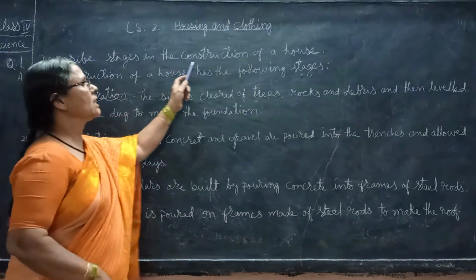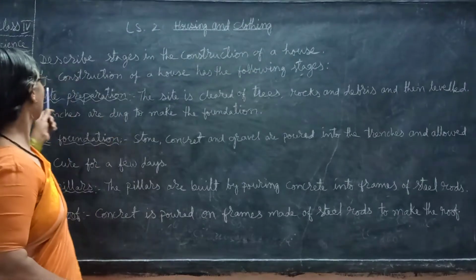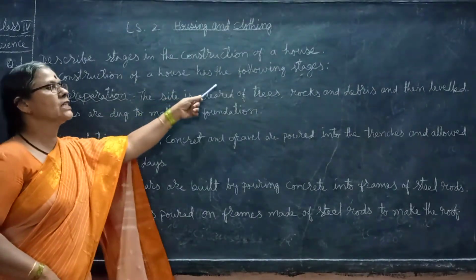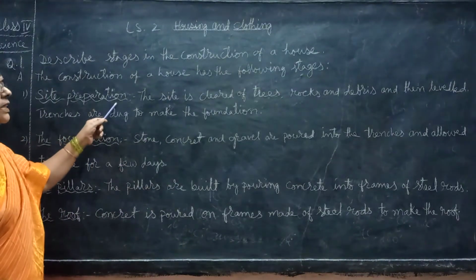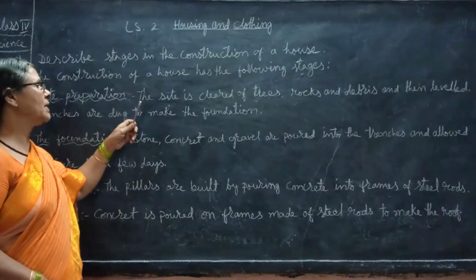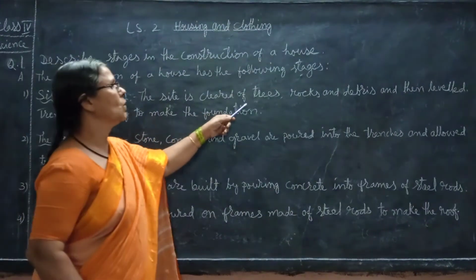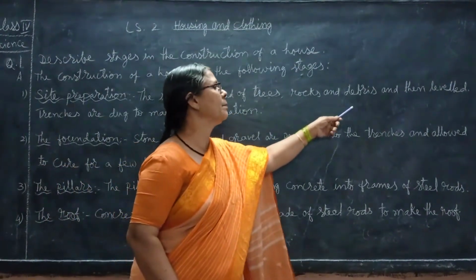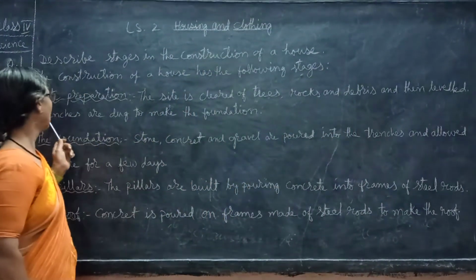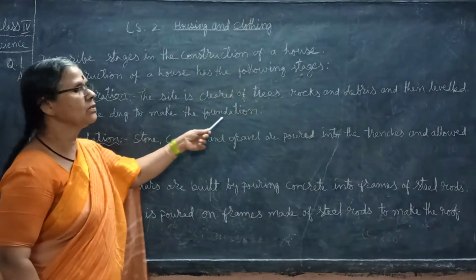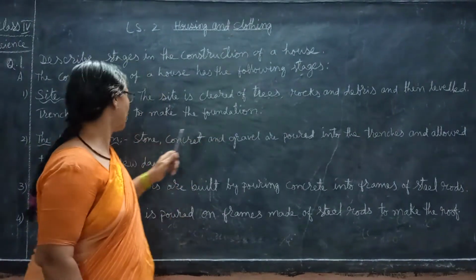Describe the stages in the construction of a house. The construction of a house has the following stages. First, site preparation. The first stage is site preparation. The site is cleared of trees, rocks and debris and leveled. Trenches are dug to make the foundation.